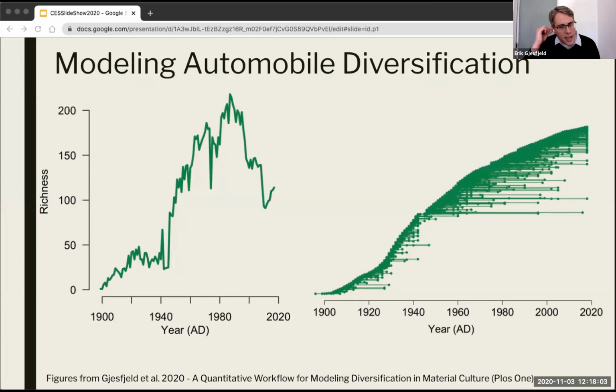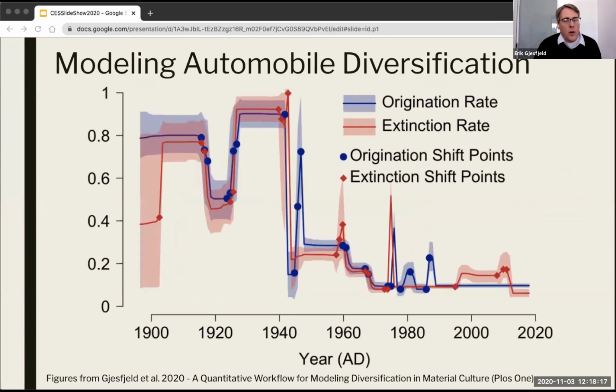So if we look at this dynamic, we can probably make a number of inferences about what richness looks like in this particular case and what information it provides to us. But if we drill down into this and dissect diversity into its constituent parts of origination and extinction, we see a much more dynamic process.